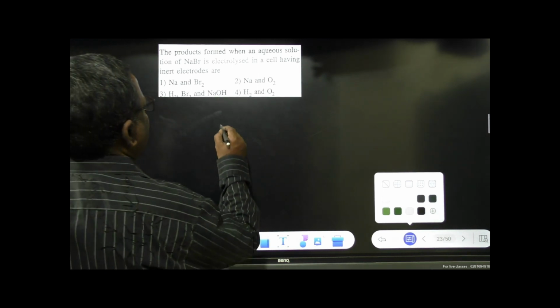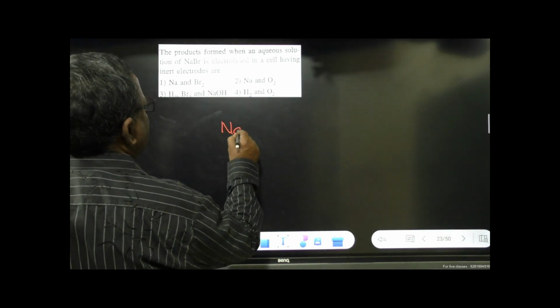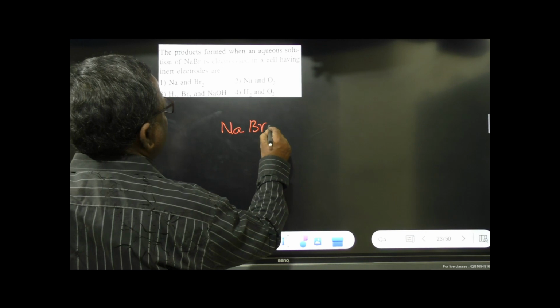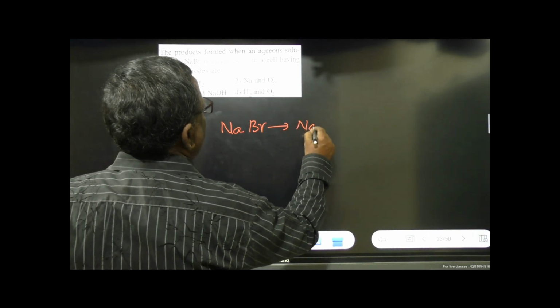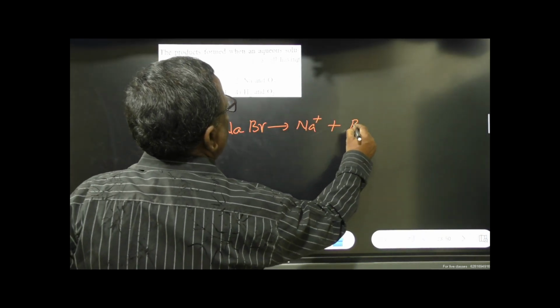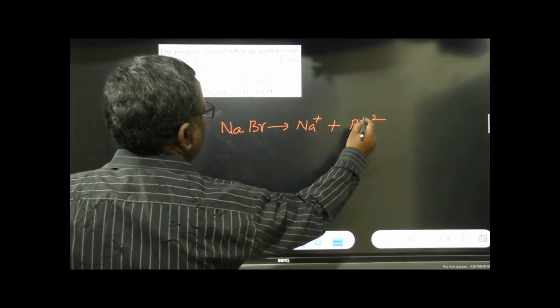The products formed when an aqueous solution of NaBr is electrolyzed in a cell having inert electrodes. If we use inert electrodes, when NaBr is electrolyzed, NaBr ionizes to give Na+ and Br-.